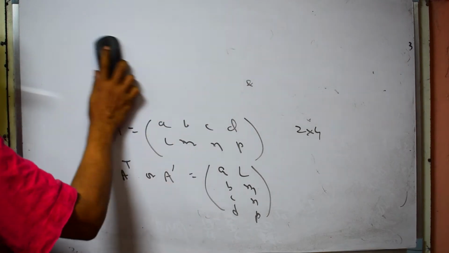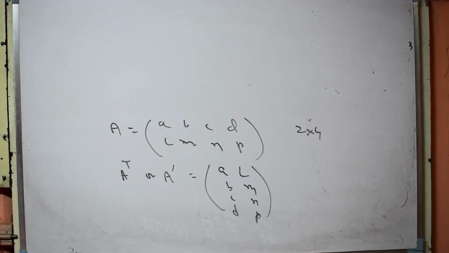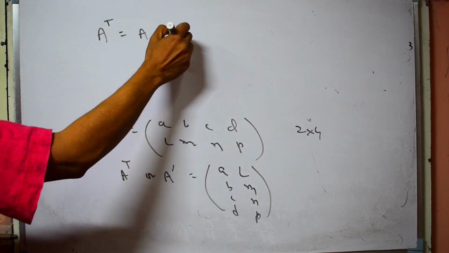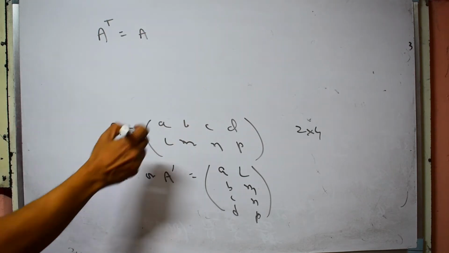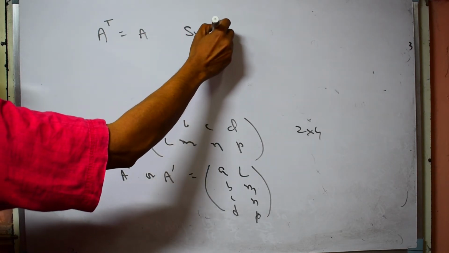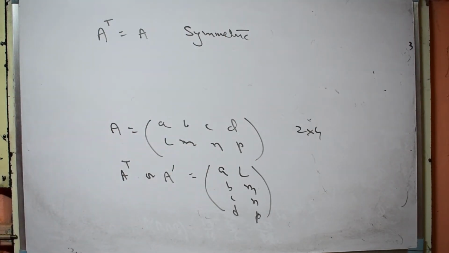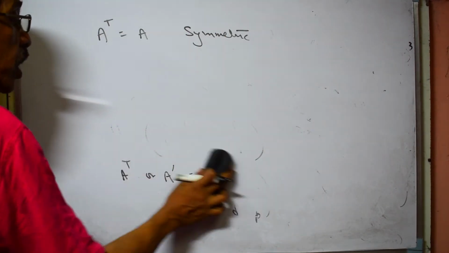Just before, I was discussing the triangular part, the upper part and lower part, the square matrix. So if a matrix is such that A transpose is equal to A, that is only possible for a square matrix, then it is called a symmetric matrix. So a symmetric matrix is a matrix when the transpose of the matrix will not be changed.